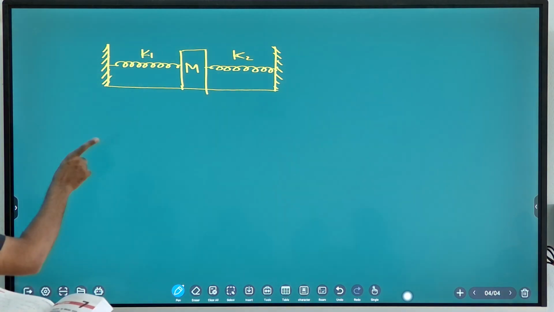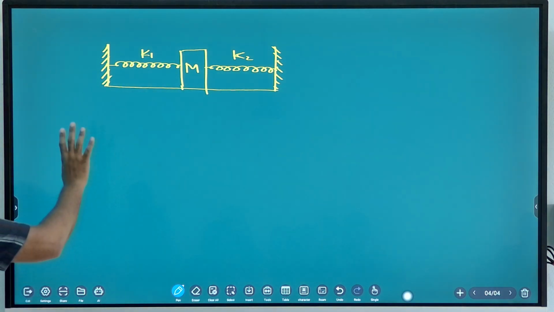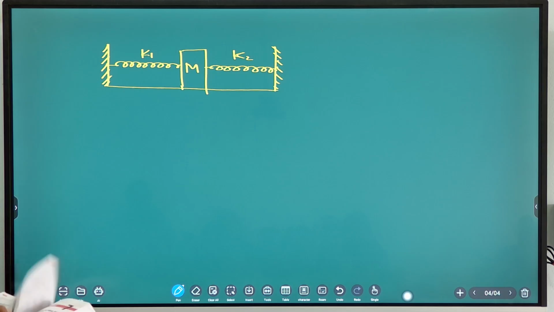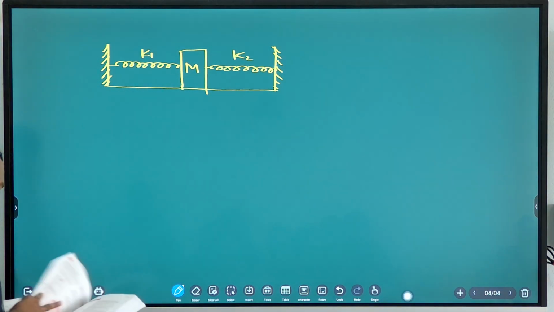So it is an easy question. With two springs it looks difficult, like one spring was very difficult to understand and now we have two springs. Don't think like that. Springs are easy. Again and again you revise, you will understand it. So I will show you this question.